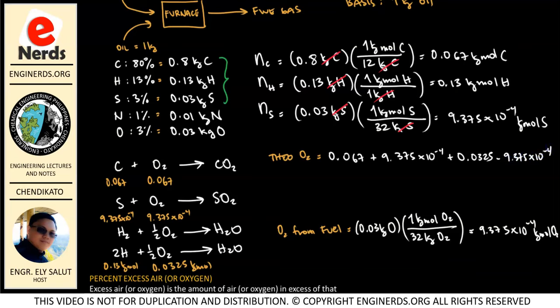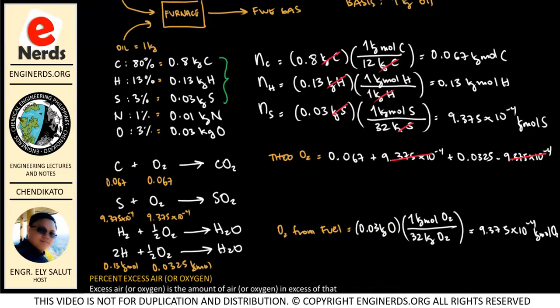Now, as you can observe, itong ating O2 from sulfur is equal ng amount dito sa O2 from nasa fuel natin. So, we can just leave this. This will be equal to 0 because 9.375 times 10 to the negative 4 minus 9.375 times 10 to the negative 4 will be 0. No?